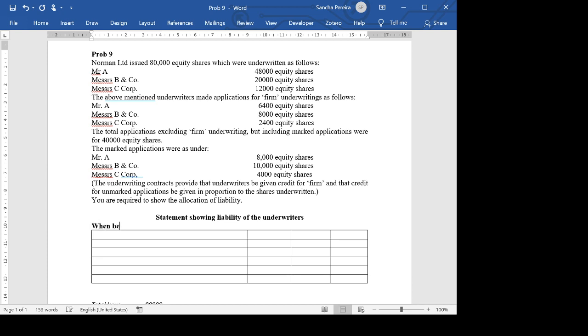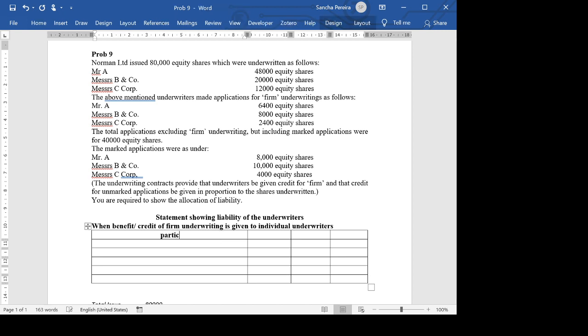So when benefit slash credit of firm underwriting is given to individual underwriters, we have the particulars A, B, and C.